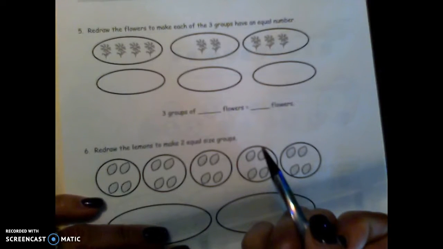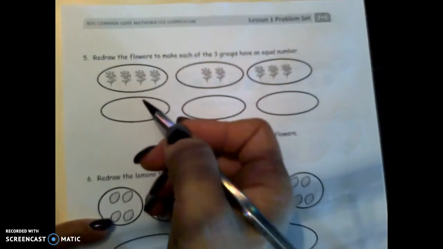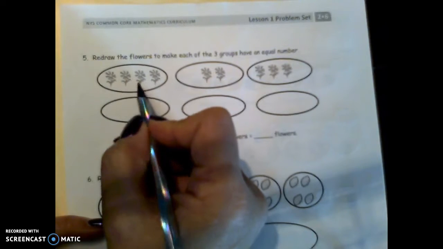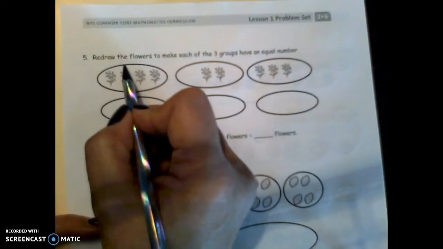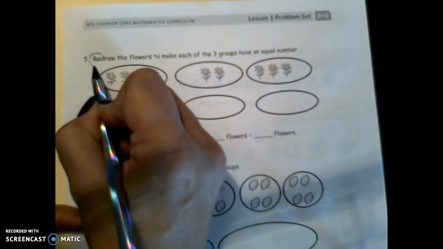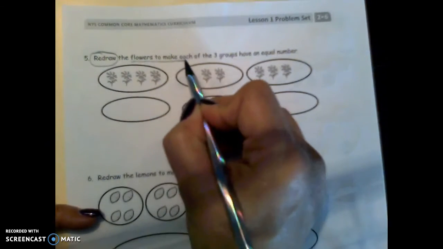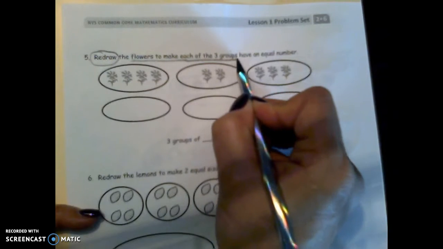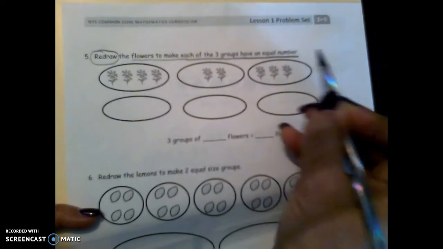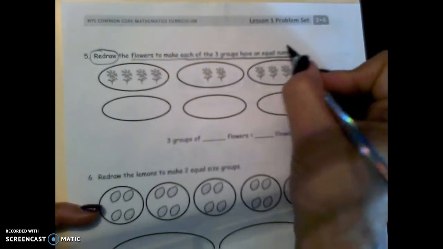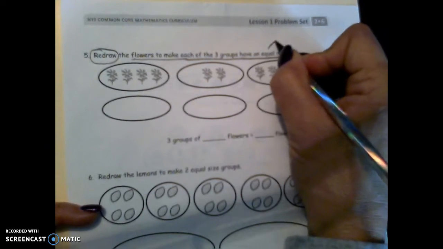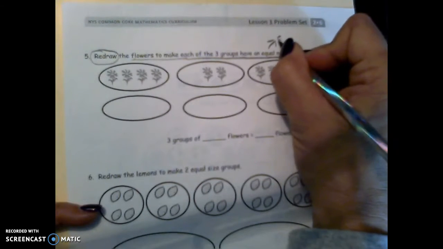All right, let's take a look at number 5. Let's analyze our directions for understanding. We have to draw flowers to make each of the three groups have an equal number. And remember that equal means same.